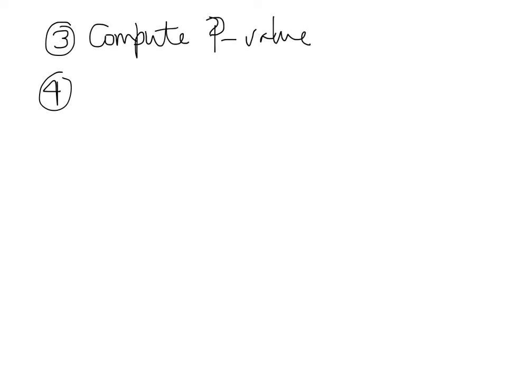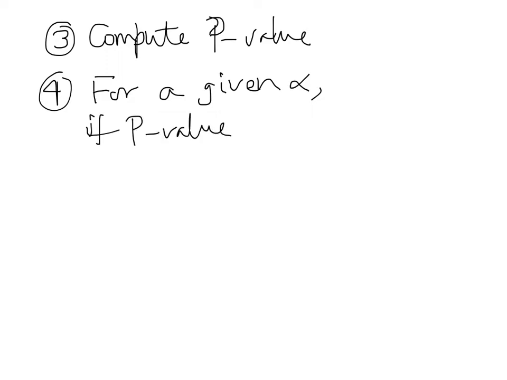The third step would be compute p-value. Fourth step, this is what one you have to remember. For a given alpha, the universal rule of rejection is the following. If p-value is less than alpha, you reject H0.